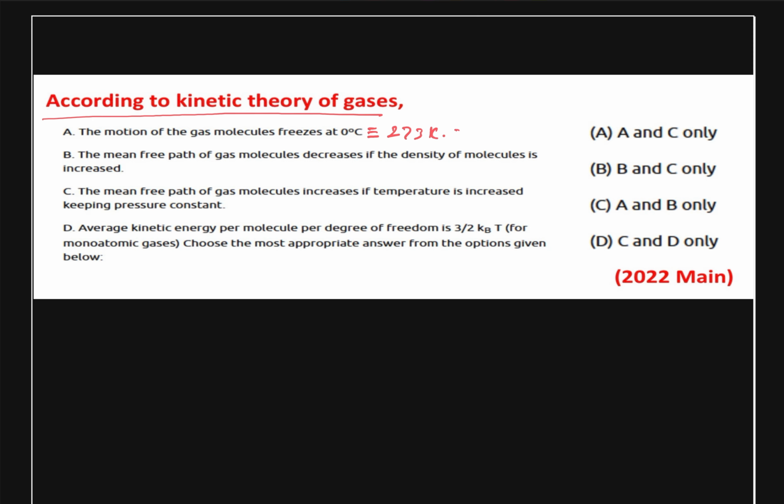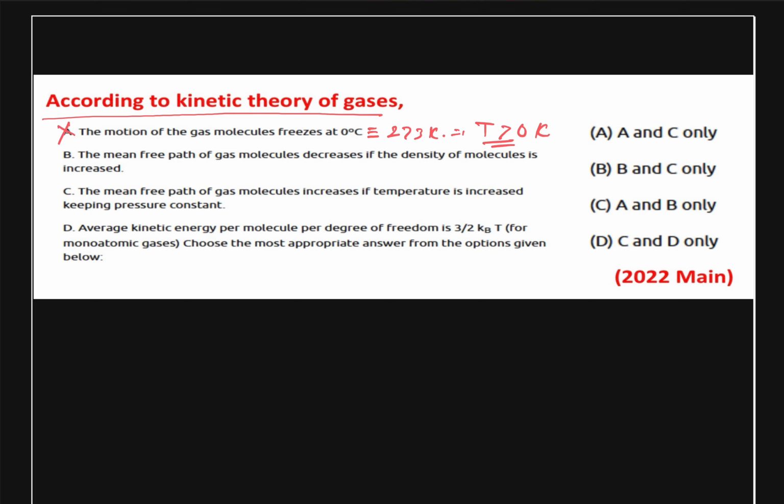But as long as temperature is greater than 0 Kelvin, they are free to move. So this option is incorrect. And option B, the mean free path of the gas molecule decreases if the density of molecule is increased.